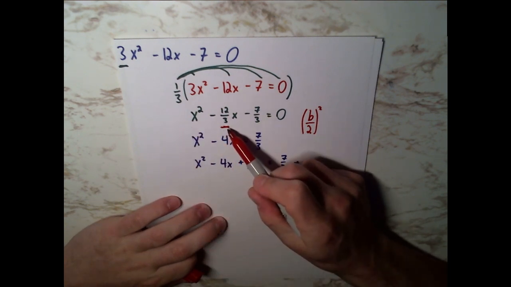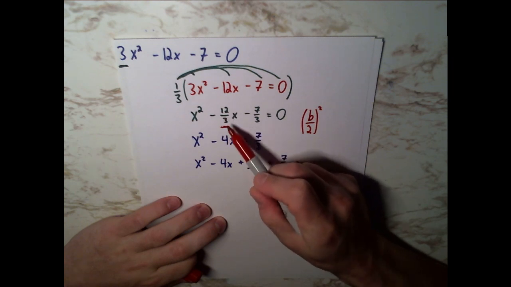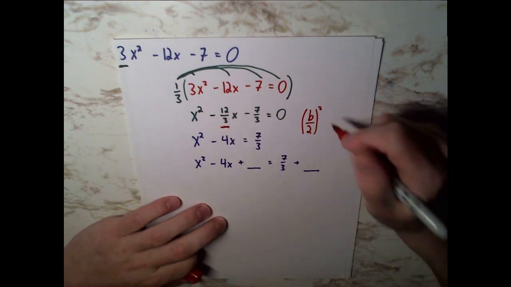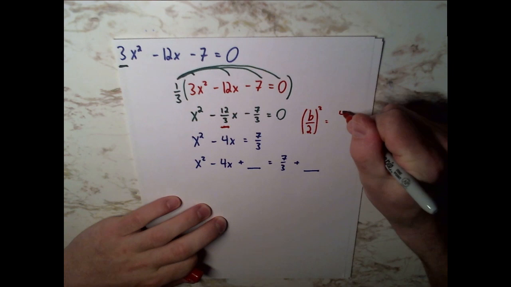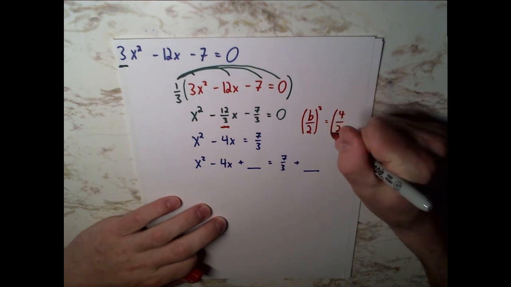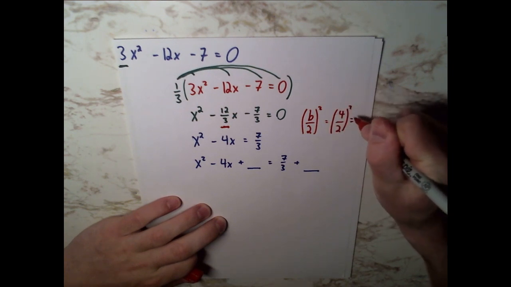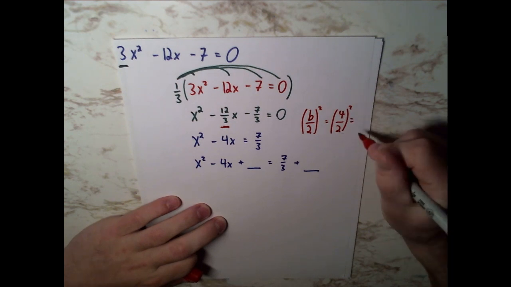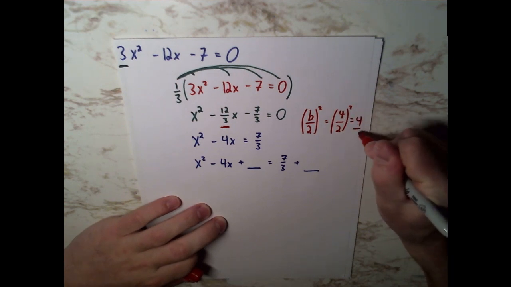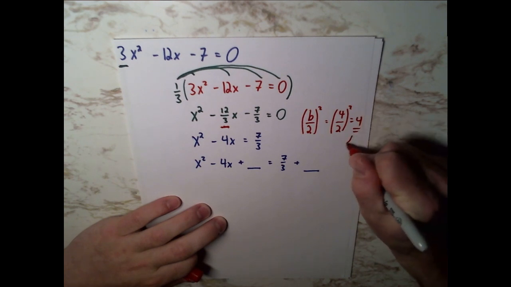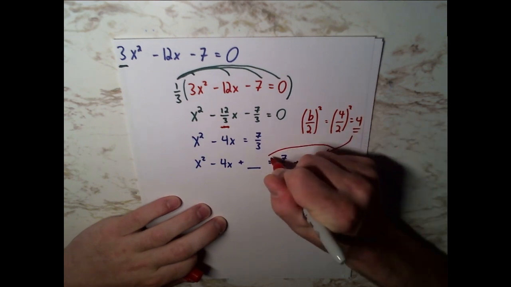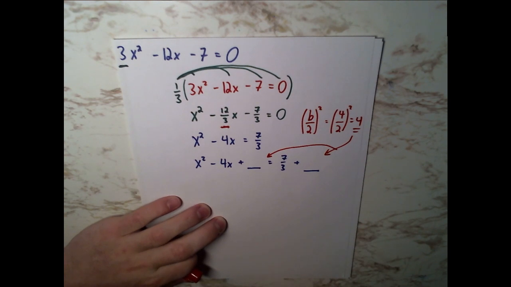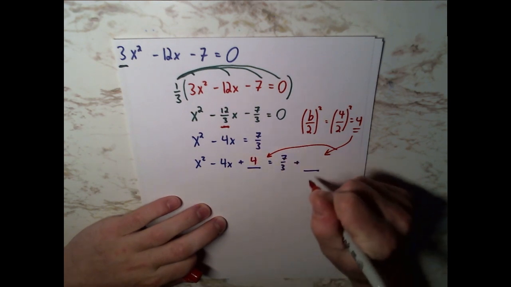So our b in this case is going to be 12 over 3, or 4. So we take 4 over 2 squared, and let's see, 4 over 2 is 2, and 2 squared is 4. So that's going to be what goes in either of these blanks here, just a 4. So we'll write that in.